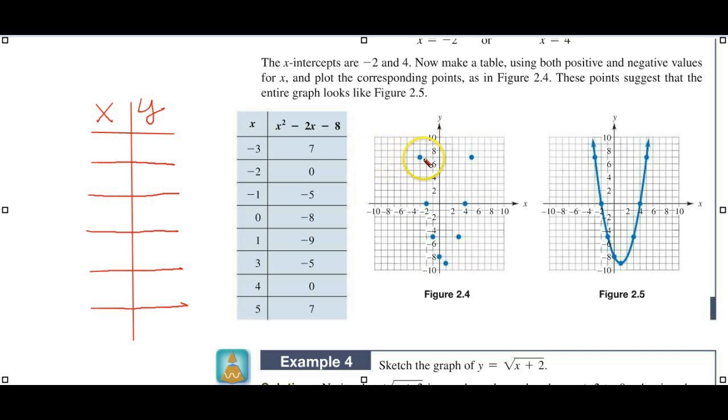To get your intercepts, you need x equal to 0. This will give you your y-intercept. But then you're going to get 2 x-intercepts. So you're going to need 2 zeros. That will give you your x-intercepts.